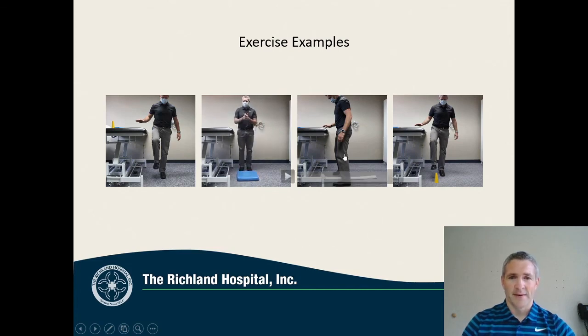Okay, and then we'll transition here. This is stepping over a rolled up towel. Again, having a counter or something in front of you is very useful, should you need it to catch your balance.